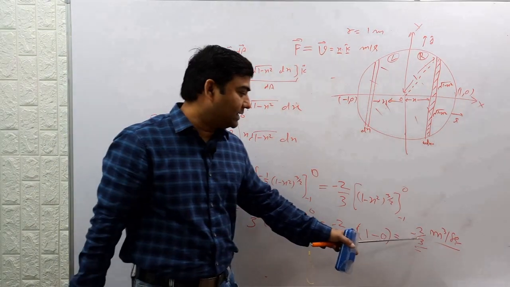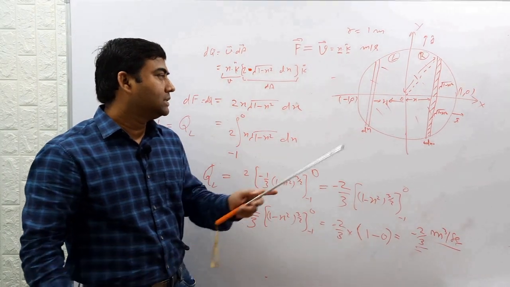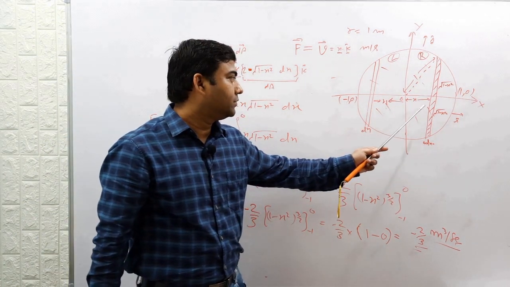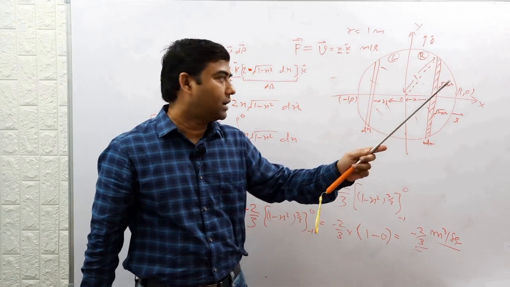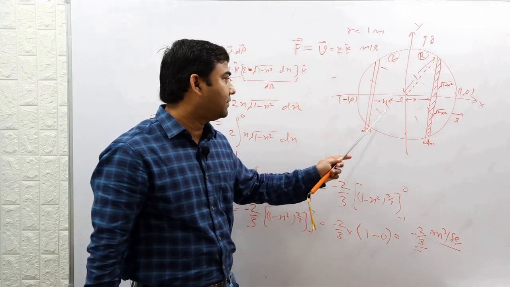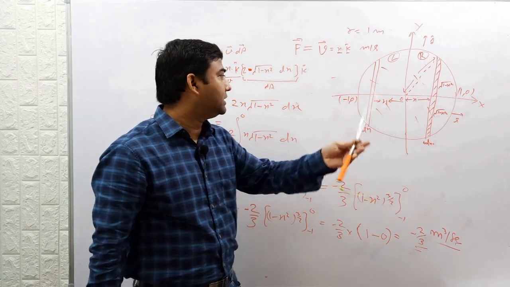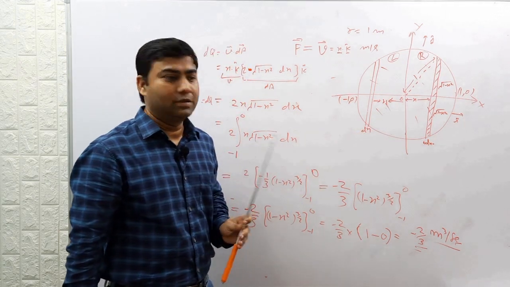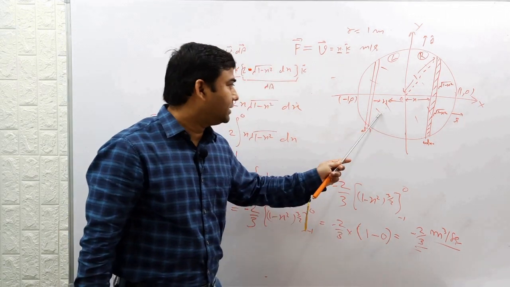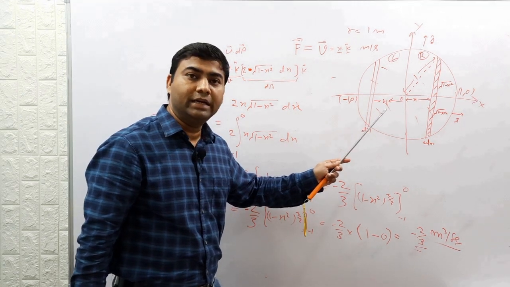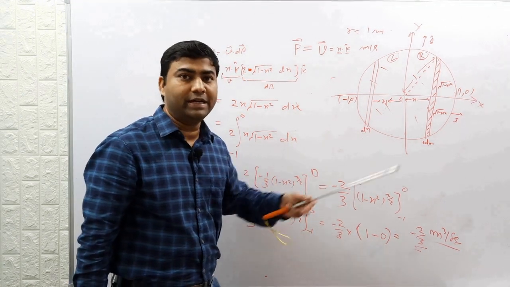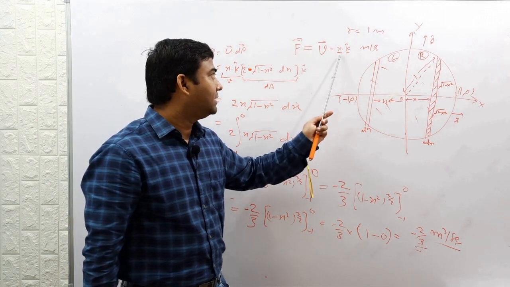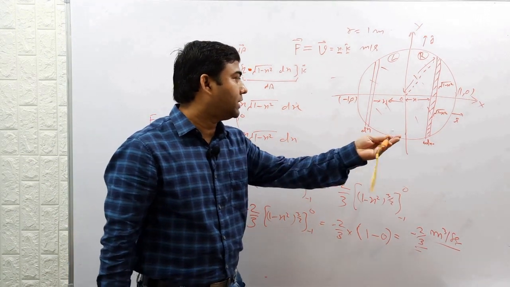So the flow is minus 2 by 3, that is, in the above half flow is upward above the board, and in this half x is negative, so velocity is in reverse direction, flow is downward. So here both vectors are in opposite direction, that is, area vector is above the board, and velocity vector, x being negative, is down the board.